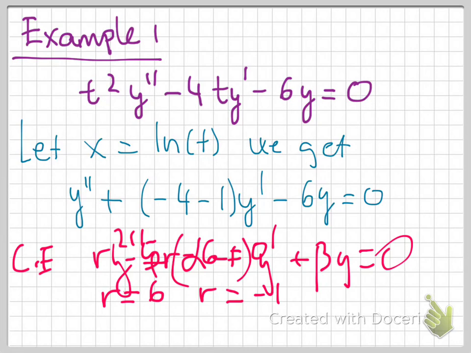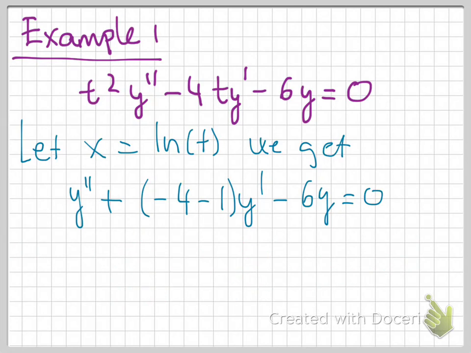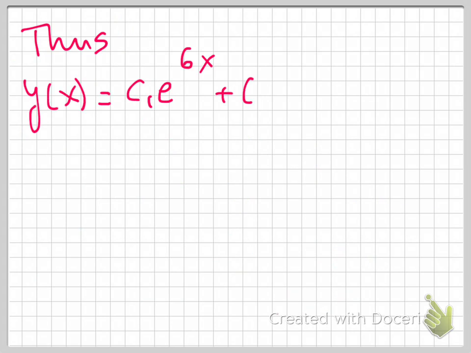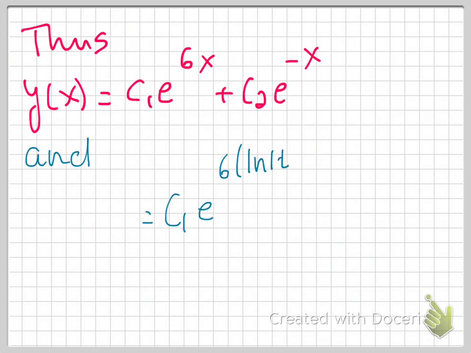The characteristic equation is r squared minus 5r minus 6 equals 0, and then you can solve for r, which gives r equals 6 and r equals negative 1. Now we can get the solution y in terms of x, which is c1 e to the 6x plus c2 e to the negative x.